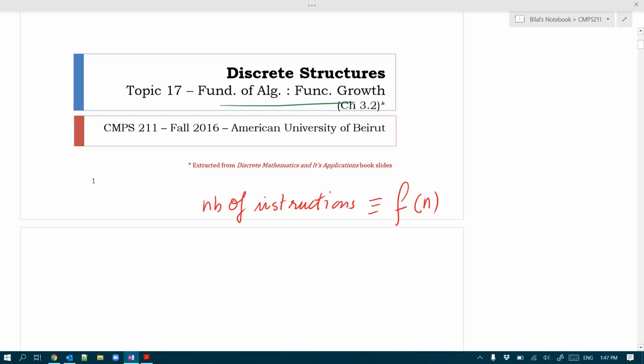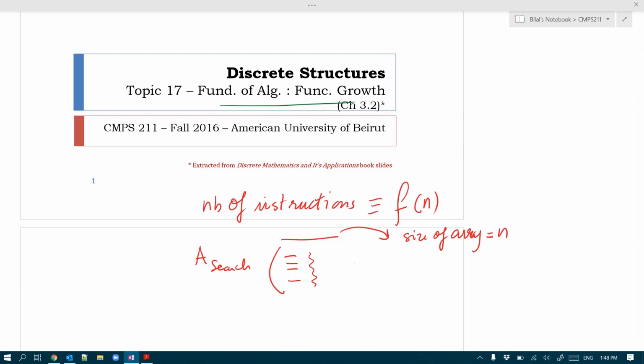Okay, so suppose you are writing an algorithm that is searching for a value inside a certain array. So clearly, that algorithm for search has a certain number of instructions. Typically, the core is a loop that is iterating over the n elements of the array. And clearly, if the size of the array is considered to be equal to n, then we can express the total number of instructions that are executed in terms of n, being a certain function of n.